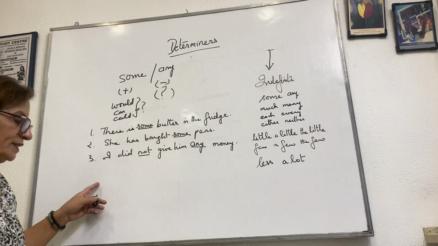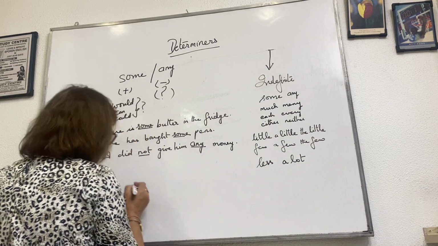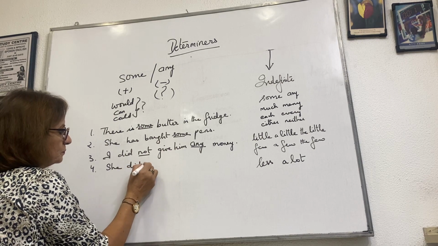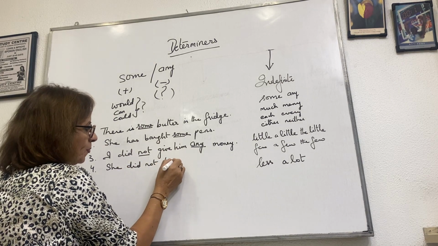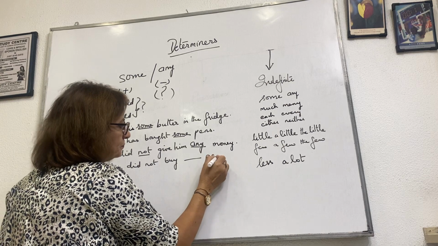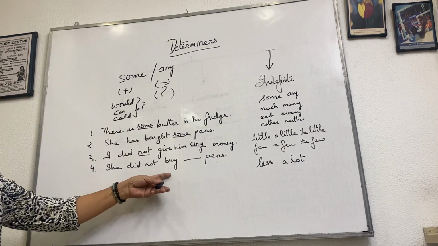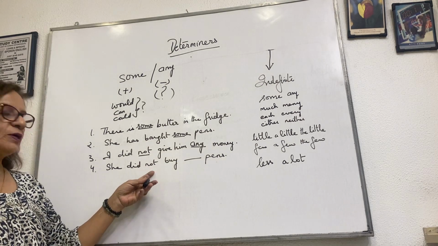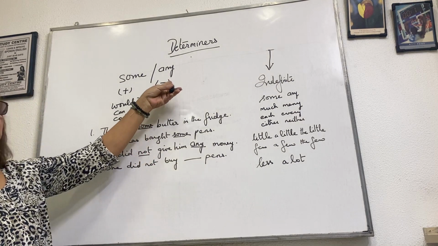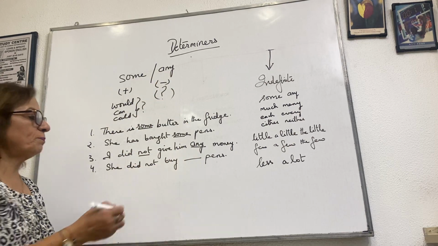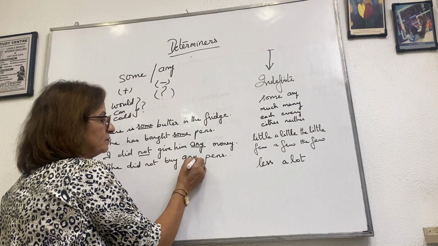Take another example. She did not buy dash pens. So what will come here? Why? Because it is not. So what does the rule say? When it is negative, we always use any. She did not buy any pens.